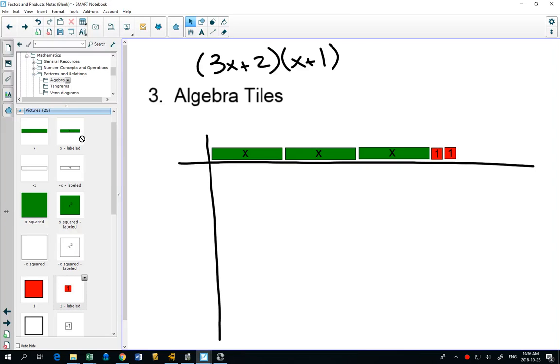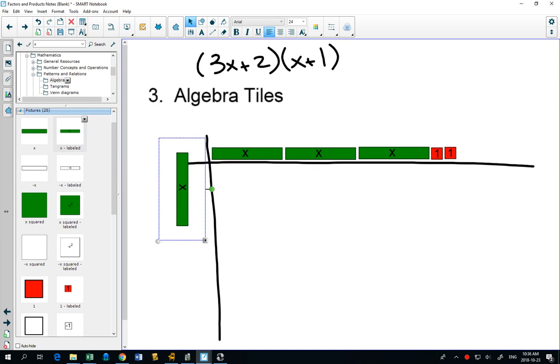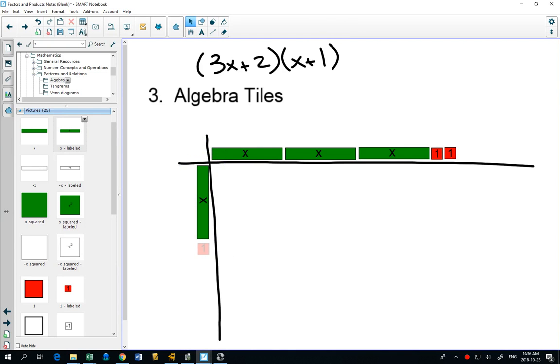And the same thing along the other side, except we'll have to turn them. We're going to show x plus 1.